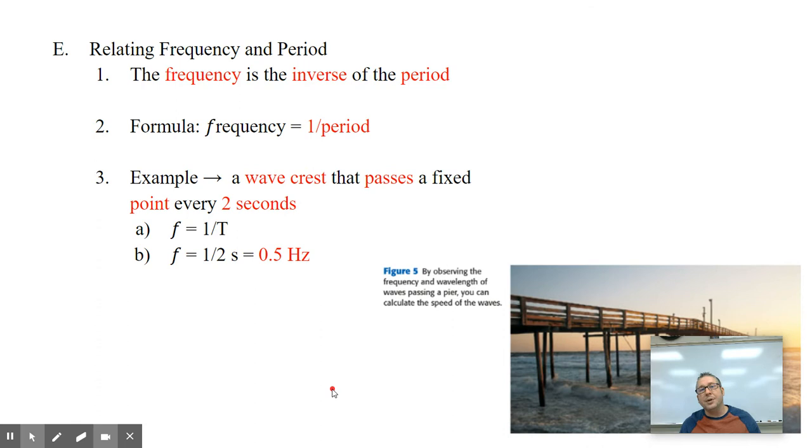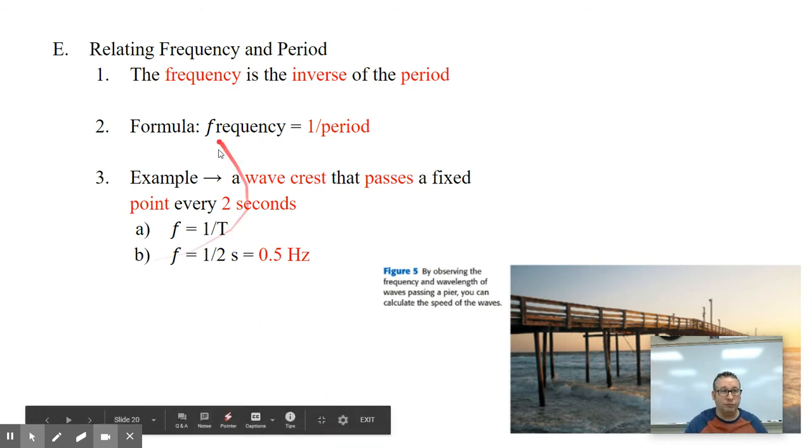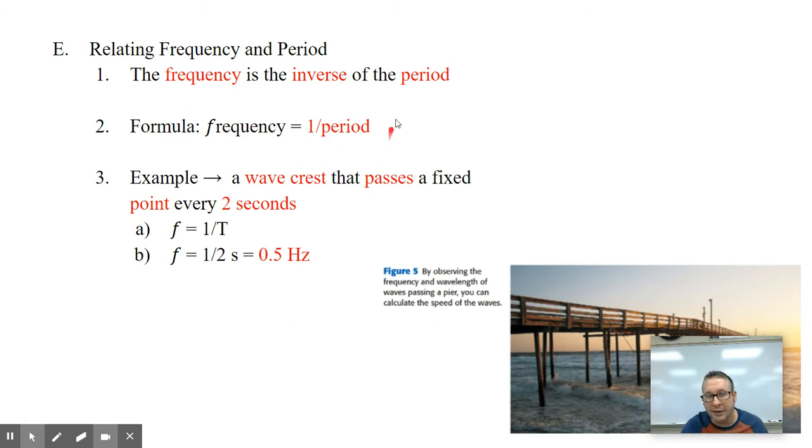So how do we relate frequency and period? Well, the frequency is simply the inverse of the period. And so we get this quote-unquote formula where frequency is 1 over whatever the period is. If we look back at the previous example with the tuber and the waves, we saw that the period was 2 seconds.